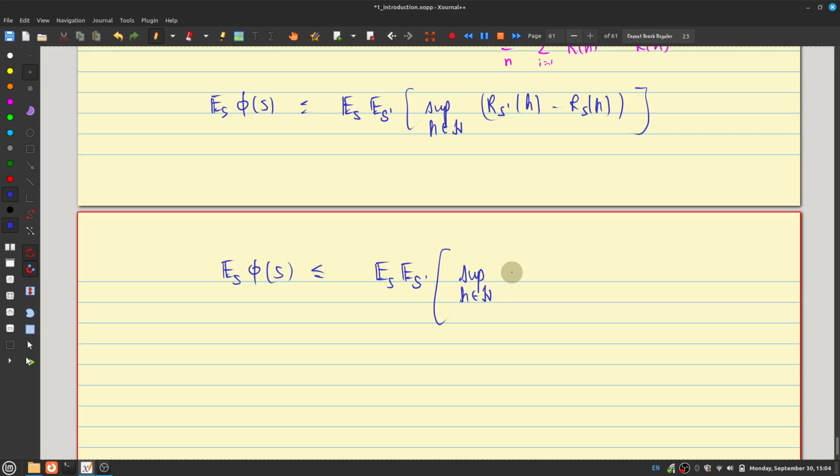Let's just write this, expand this out. This is 1 over n summation i equal to 1 to n L of h of xi yi prime minus L of h of xi yi, or this is just g of xi prime yi prime minus g of xi yi.